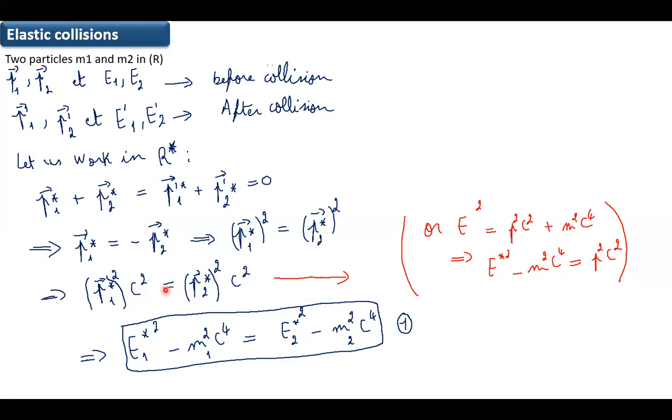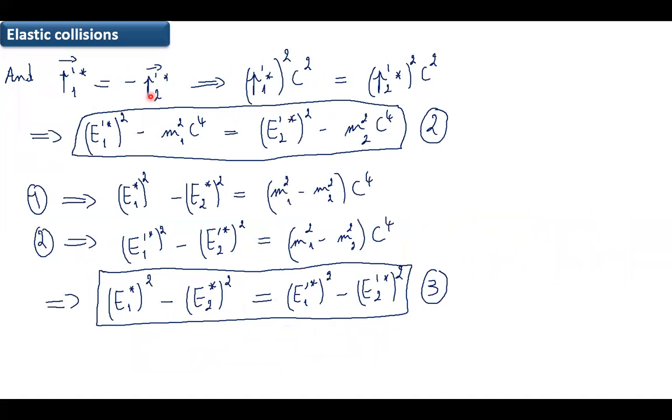If you replace P squared C squared by this value according to the energy, P1 star squared C squared is E1 star squared minus M1 squared C4, which is equal to E2 star squared minus M2 squared C4. This is equation number 1. So keep in mind this equation number 1, we will need it later.